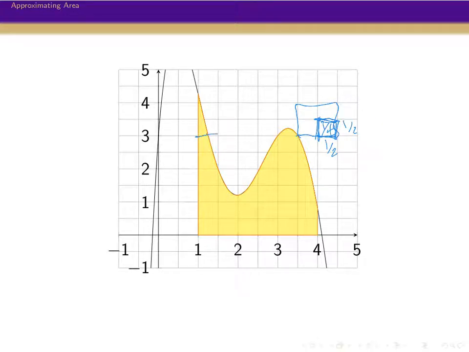So maybe between 1 and 1.5, maybe that area looks about right. And so that is 3 high. Or 1, 2, 3, 4, 5, 6. Let's say it's 6 squares, 3 total.